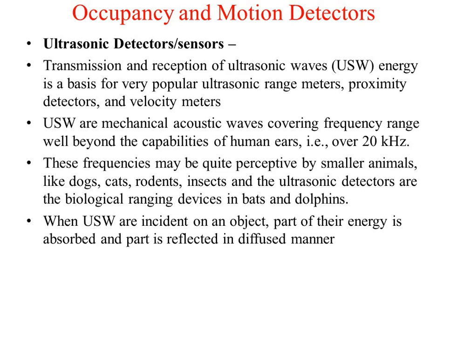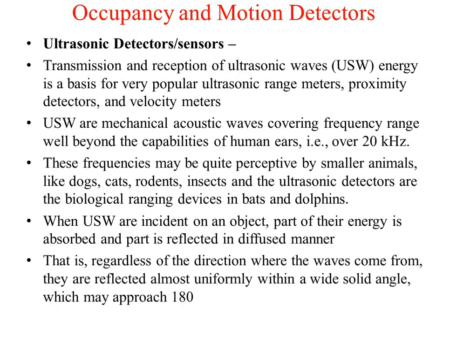These USW signals are incident on an object, and part of the energy gets absorbed and the other part gets reflected in a diffused manner, and this diffused energy is again collected back by the sensor.